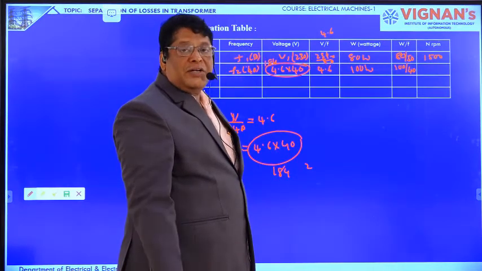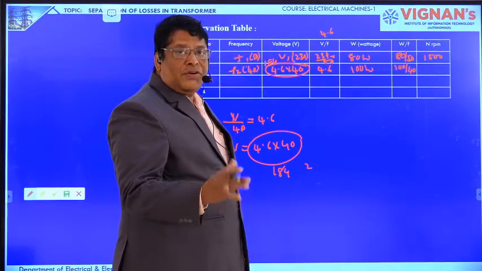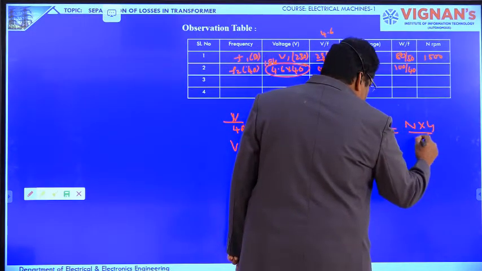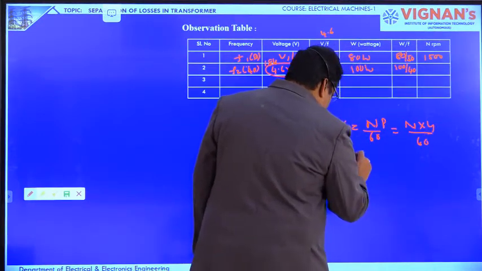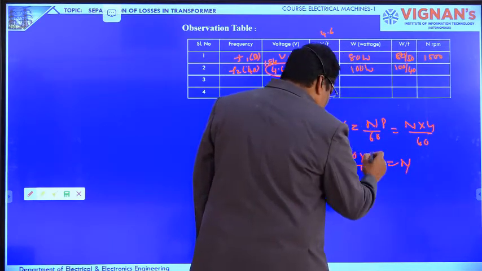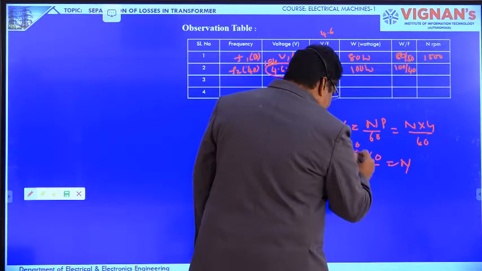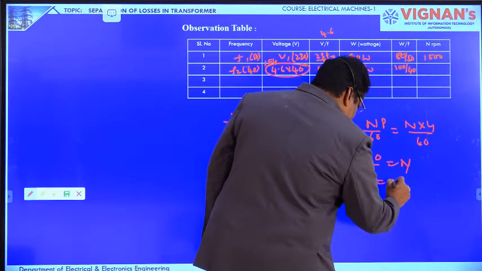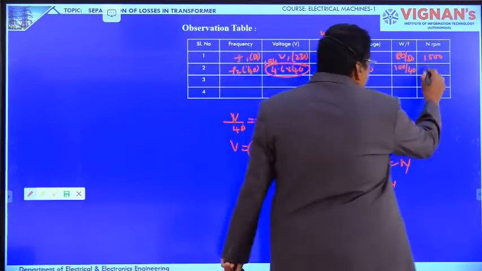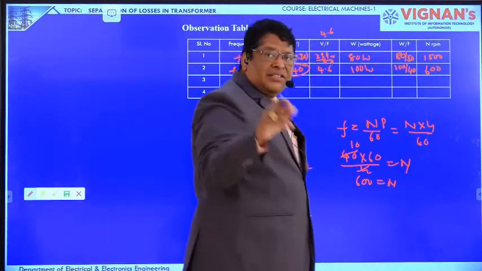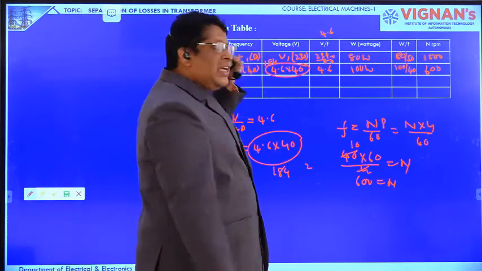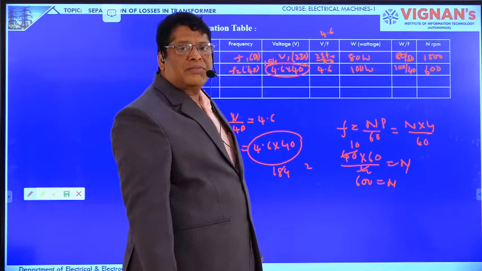We already know the relation between speed and frequency. Taking P as 4, we are maintaining 40 hertz: 40 into 60 divided by 4 equals N, which is 600 RPM. If you maintain the speed of the motor at 600 RPM, the frequency of the voltage induced in the alternator armature becomes 40 hertz.